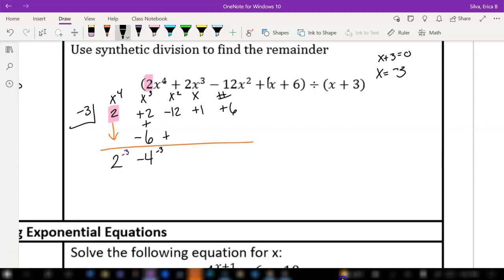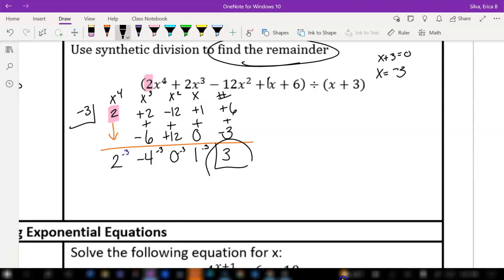Multiply by negative 3, that's positive 12, that gives us 0. Multiply by negative 3, that's 0. Then we add, that gives us 1 times negative 3, that's negative 3. Then we add them and we get 6 minus 3 is 3. And again, we're looking for the remainder. The remainder would be positive 3.